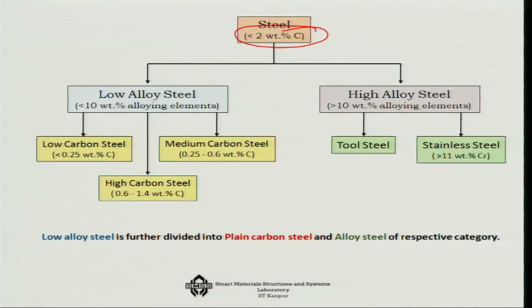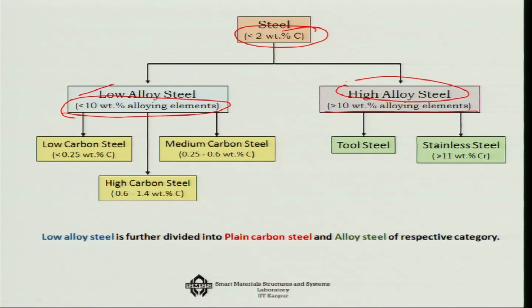For example, depending on the presence of other alloying elements, if there are less than 10 weight% of other alloying elements, then this carbon and other element composition will make you the low alloy steel. If it is greater than 10 weight%, then we are going to get the high alloy steel.